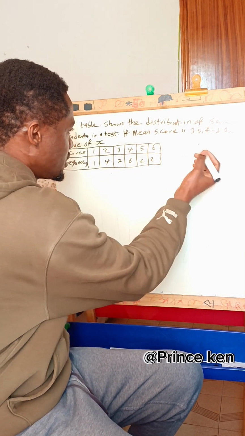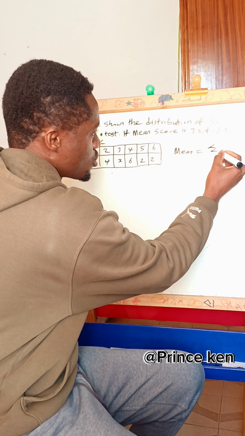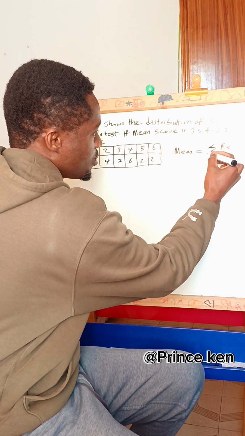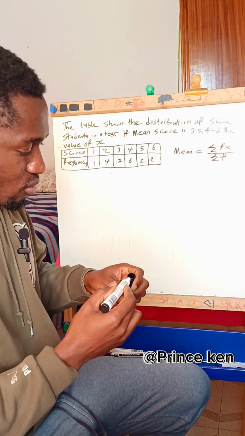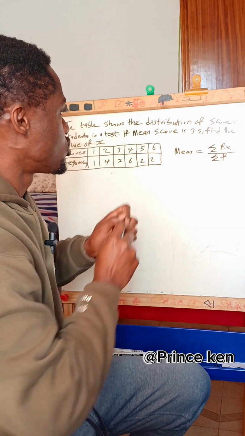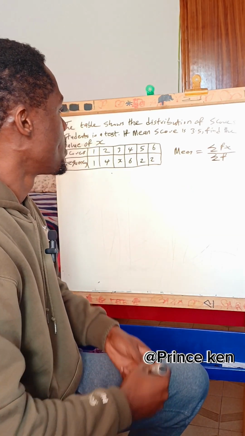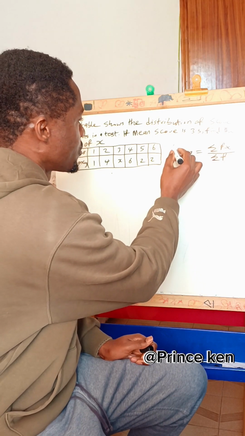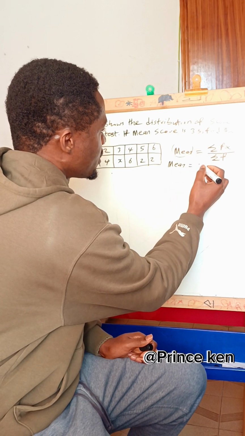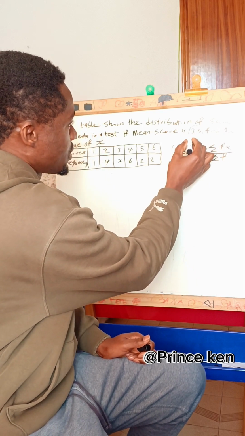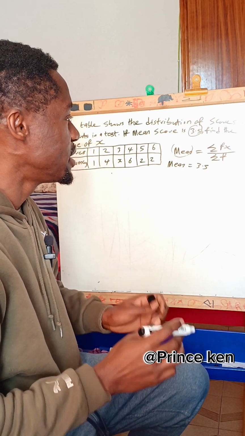Now, mean formula is equal to summation of Fx over summation of F. Now, like I've said, for you to solve maths, you must understand a formula for each question. So this is the mean formula. And our mean is equal to 3.5. As you can see here, our mean is equal to 3.5. So the mean is given.